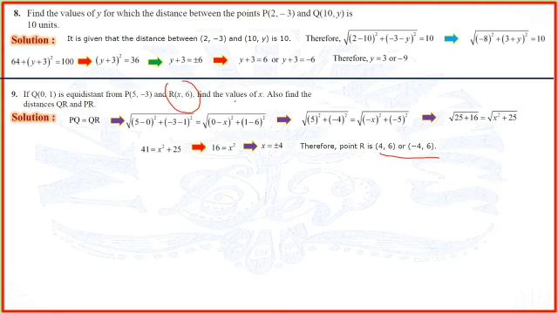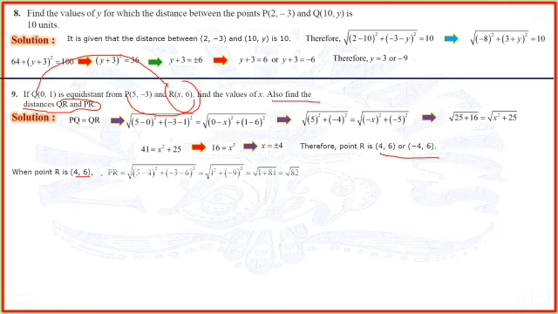Now our next part of this question is also to find the distances QR and PR. So that means QR, this distance, and then PR means this distance, numerically. So for that, when point R is (4, 6), then the distance between P and R, that is 5 minus 4, x is 4 now.